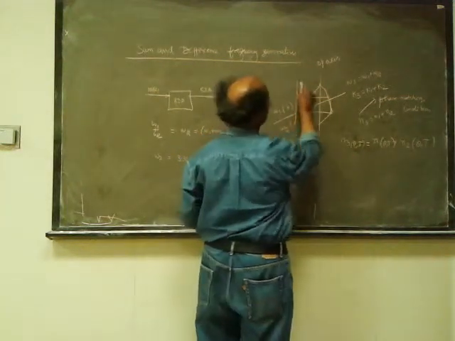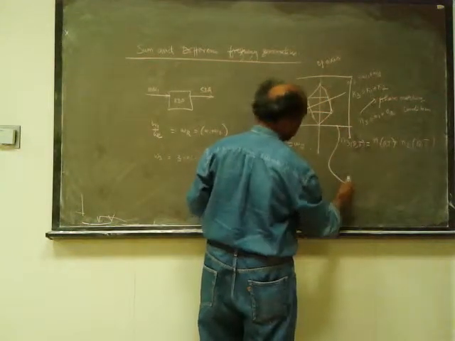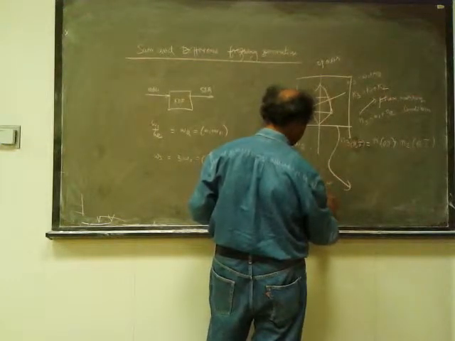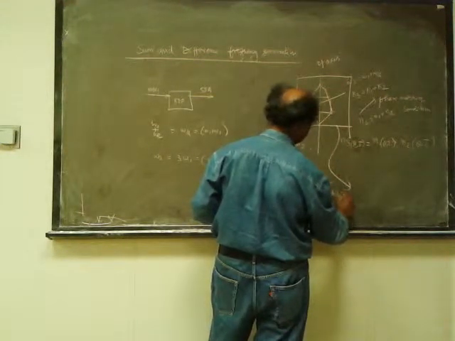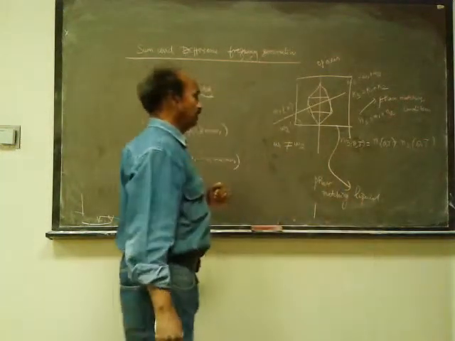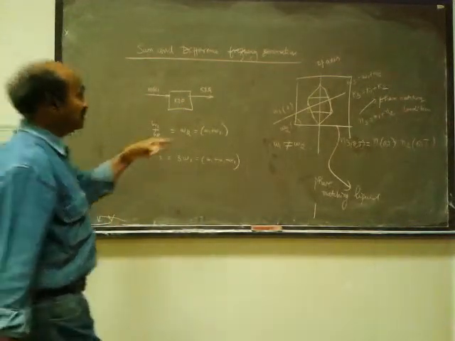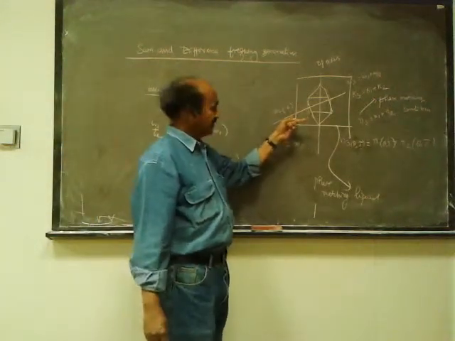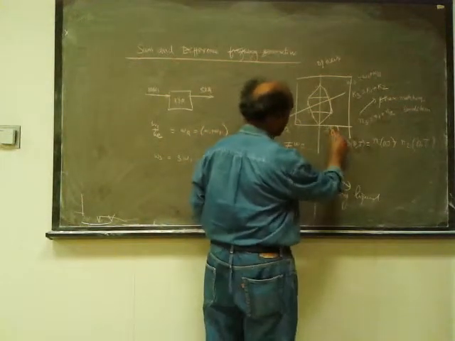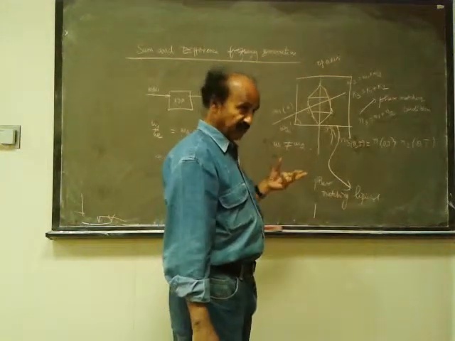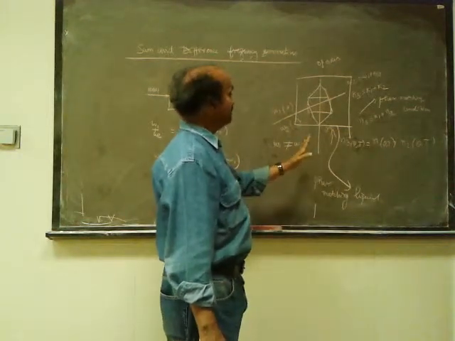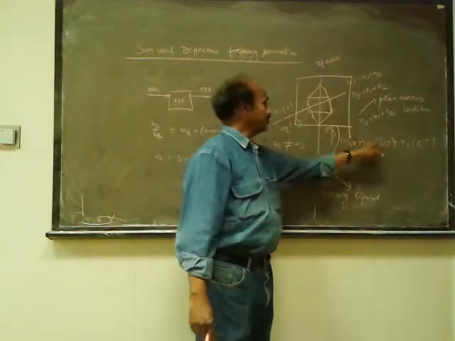Now all that is needed is to put this in a phase matching liquid, a liquid which will not distort this beam, and then I can heat it from outside. Then I can gently adjust the temperature such that this condition is satisfied, and then easily I can get the sum of the two frequencies.